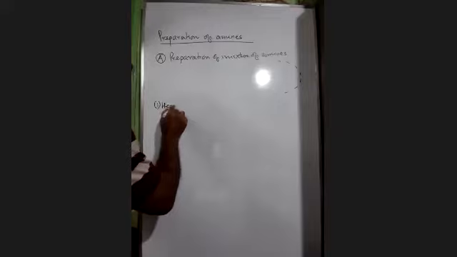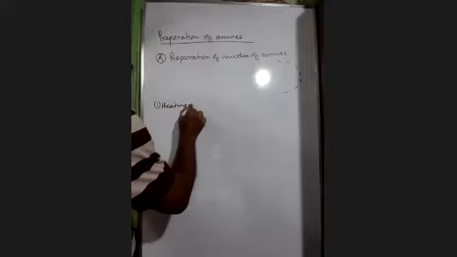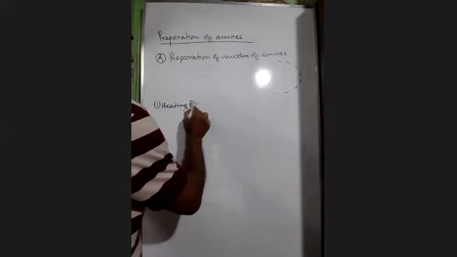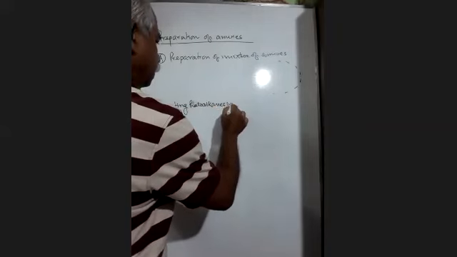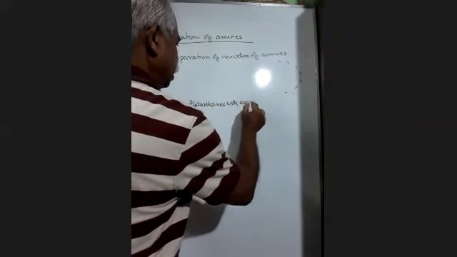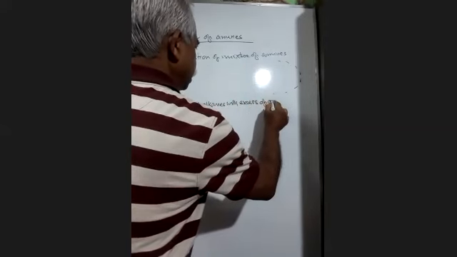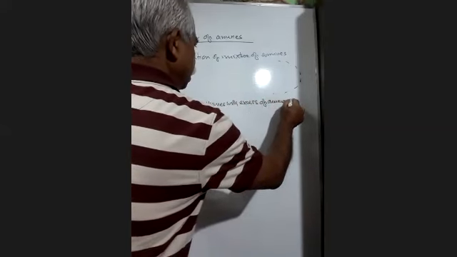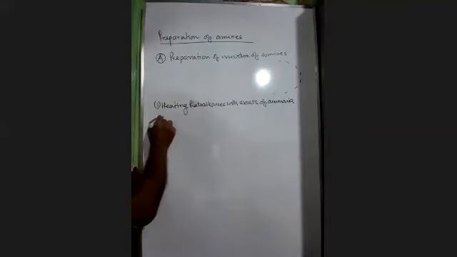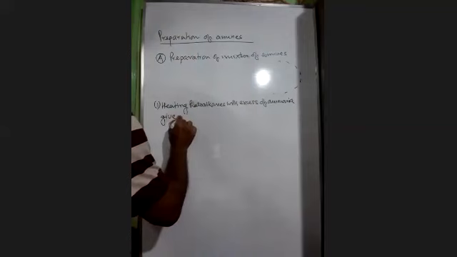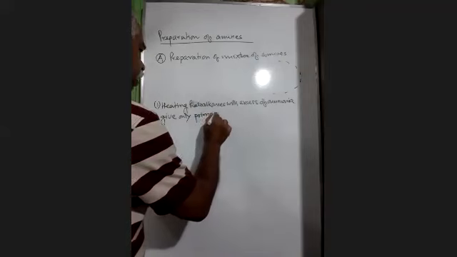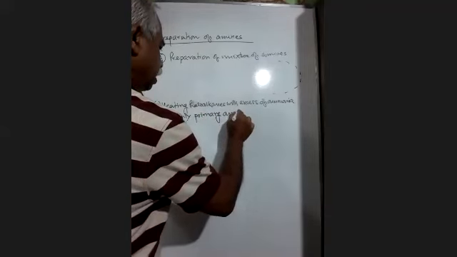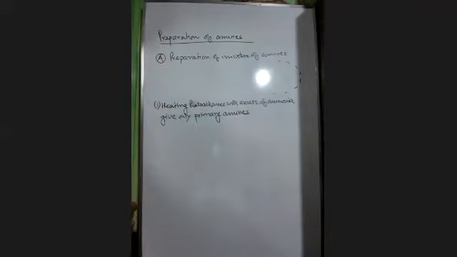Heating haloalkanes with excess of ammonia gives only primary amines. If you take a large volume of ammonia, then in that case you will get only primary.